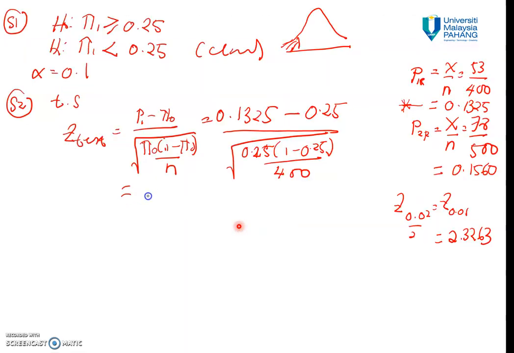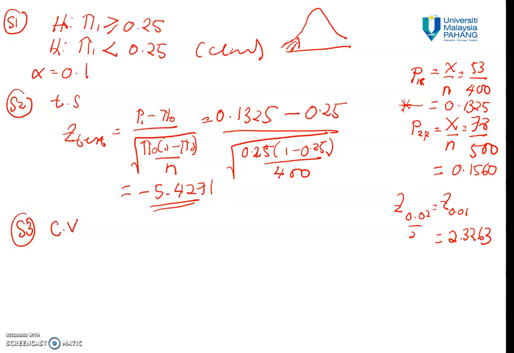You will get here negative 5.4271. Okay, again here, how many decimal places? 4 decimal places.